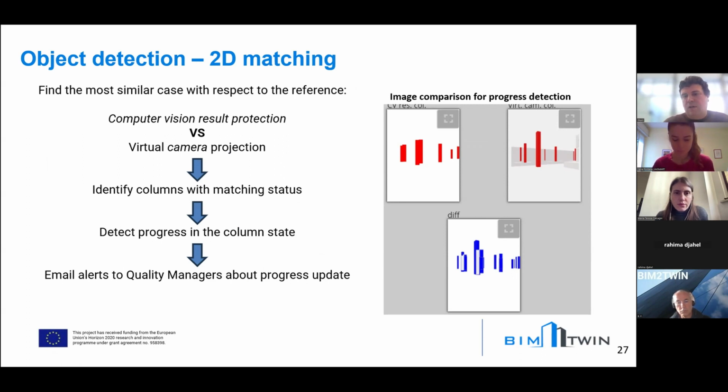Once we detect the overlapped or matched columns, we identify in the IFC file which ones they are, and then make a call to the digital twin platform to obtain their progress. If the progress detected by the computer vision and the progress obtained from the digital twin platform are different, we send an email alert to the quality manager saying that there is advance in the construction site.